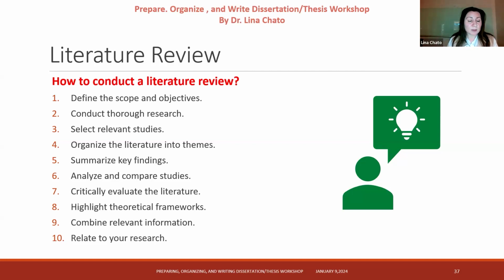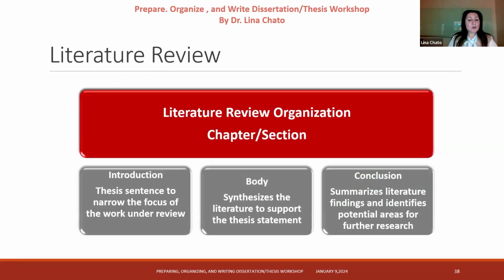This is the main point. They should be related to your research because you want in the end to show what the gap is and how you solve this gap, or how you fill it actually. What are your achievements? What's your method? So in general, the literature review chapter or section in any research manuscript should consist of an introduction part, a body part, and a conclusion. The introduction is the thesis sentence that narrows the focus of the work.